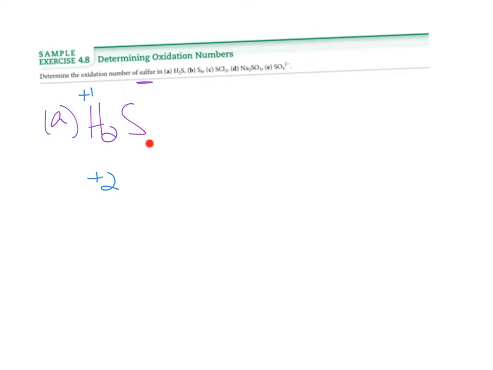The whole compound, it's a compound, so the total charge has to equal 0. So if the total charge on the hydrogen is +2, then the oxidation number on the sulfide has to be -2. So in this one, the oxidation number on the sulfur would be -2.